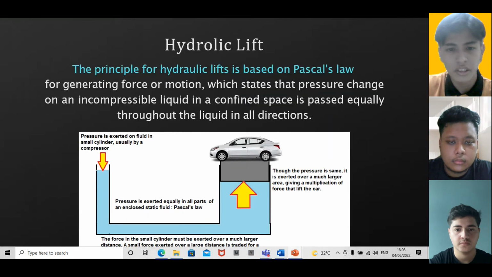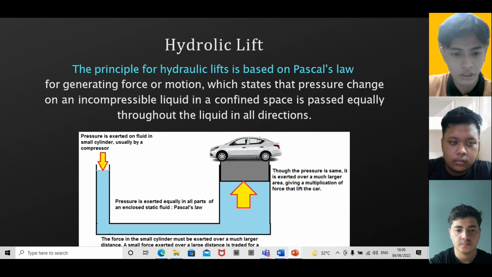The second is the hydraulic lift. The principle of hydraulic lift is based on Pascal's law for generating force or motion, which states that the pressure change on an incompressible liquid in a confined space is passed on equally throughout the liquid in all directions. Firstly, pressure is exerted on a fluid in a small cylinder, usually by the compressor.